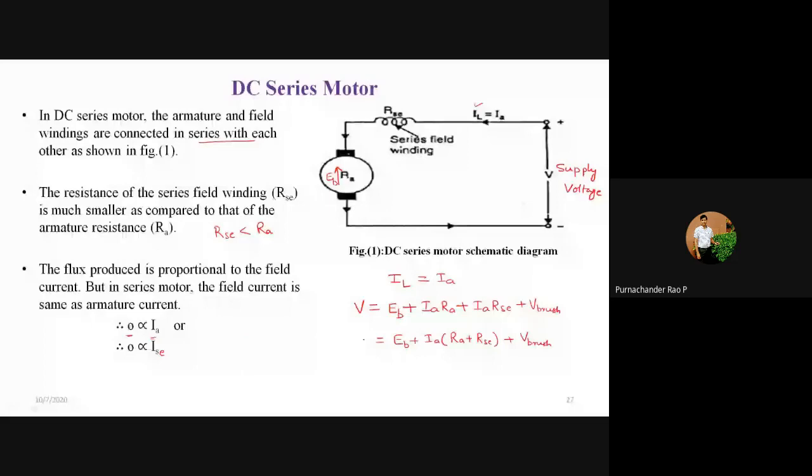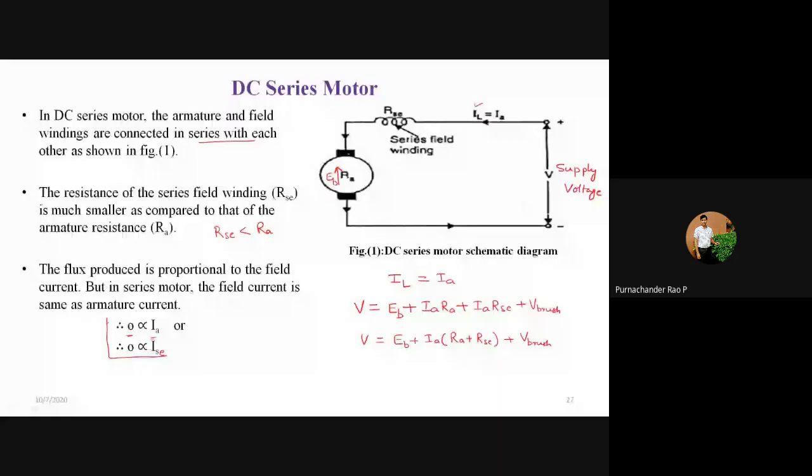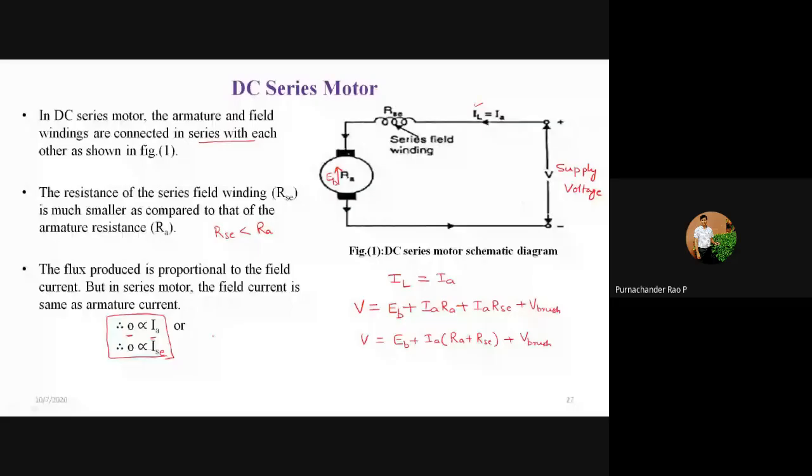The flux developed by the series motor is proportional to the armature current, or the current passing through the series field winding. In the previous case of the shunt motor, the flux was constant, but in DC series motors the flux is not constant.